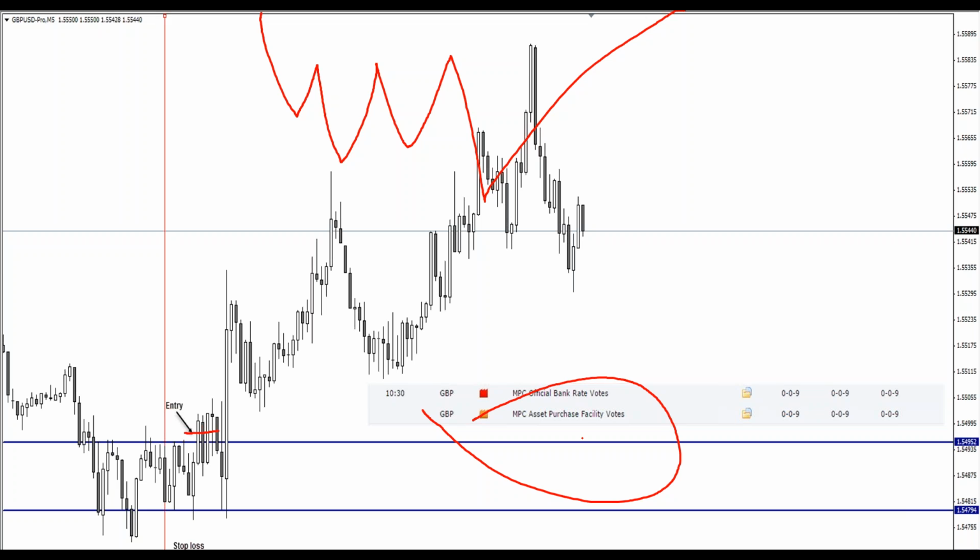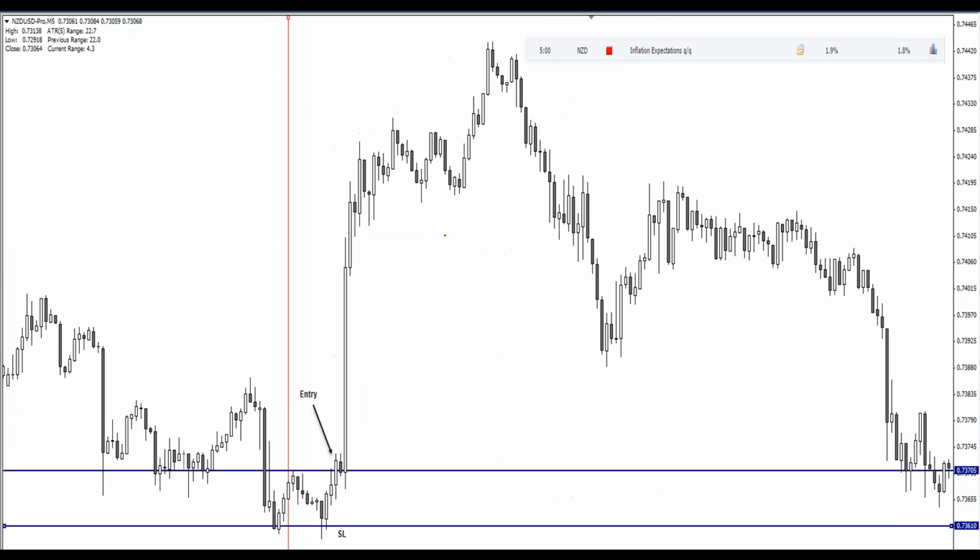If we can read what these votes mean, and if we can understand the statement that the MPC makes after the vote has been enacted, then we also understand that the news is either bullish or bearish. Considering that this was bullish news, we would only take long setups, and the long setup was initiated here. So it's very easy to understand this.